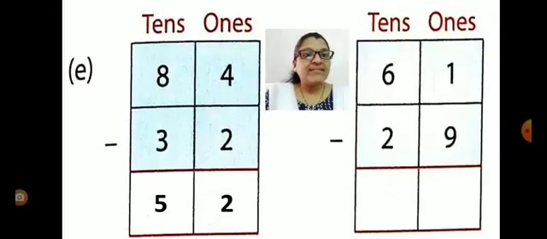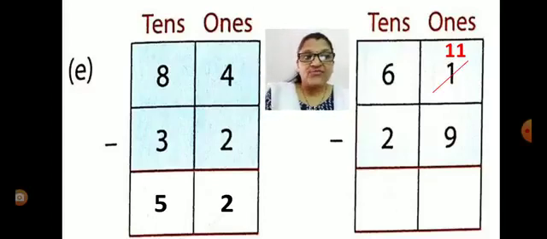Next, 61 minus 29. Here again we have to subtract numbers at ones place. 1 minus 9. Children, here we see that 9 is bigger than 1. So we cannot subtract it from 1. So then what do we do? Yes, we borrow 10 from tens place. So we will cut number 1 and we will write number 11 above it.